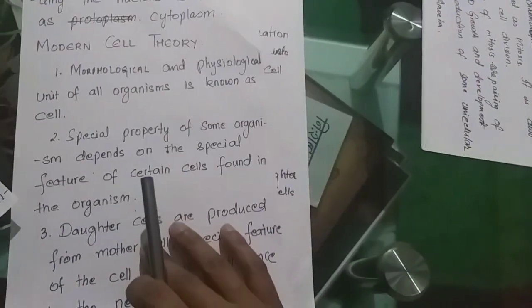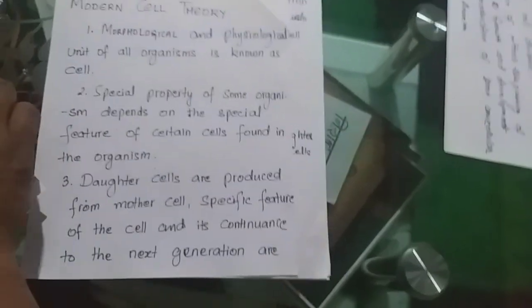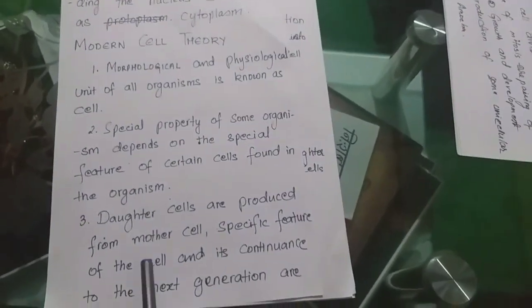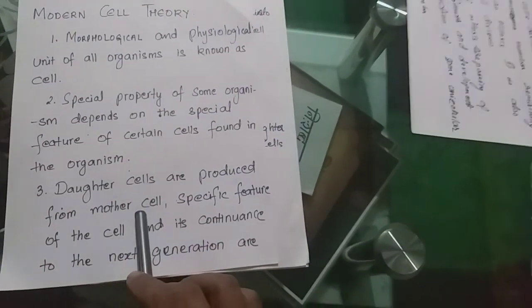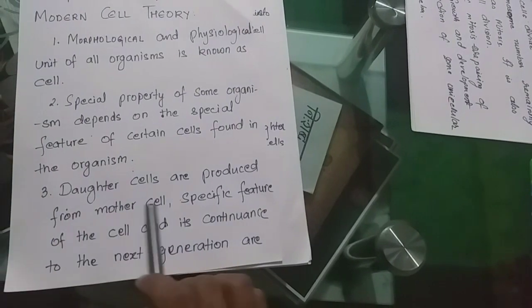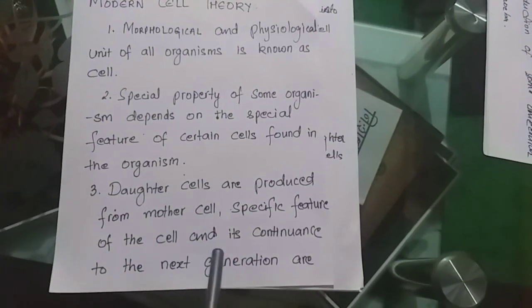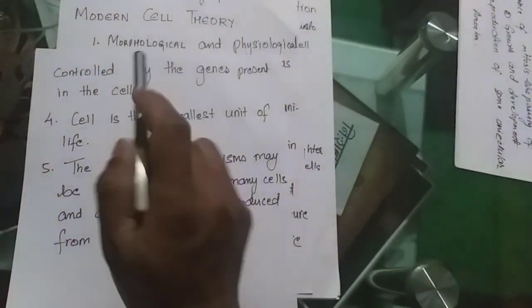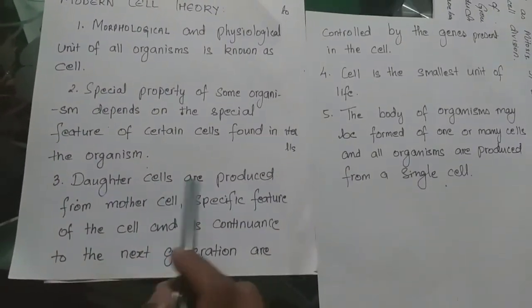Now there is also the modern cell theory, of which I will discuss just one point. The third point of the modern cell theory states that daughter cells are produced from mother cells. Remember, daughter cells are produced from mother cells. Specific features of the cell and its continuance to the next generation are controlled by the genes present in the cell.